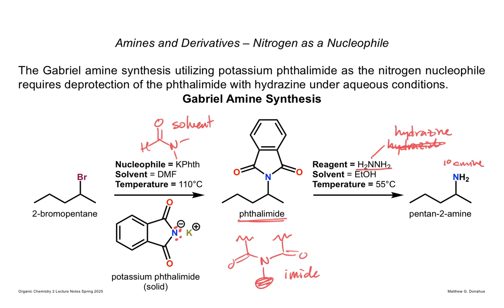So if you started with the 2-bromopentane and used sodium azide, then reduced it, you would get the same product. Any questions? So that's how you form primary amines. If you're wondering about secondary or tertiary amines, those reactions are covered in the next module.